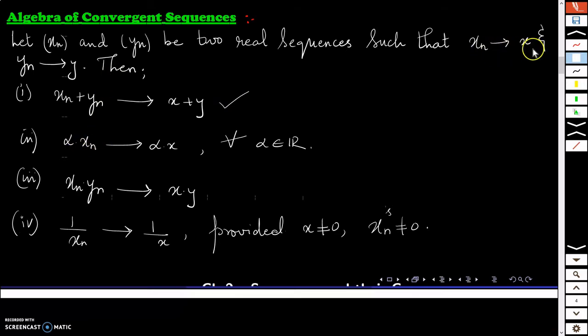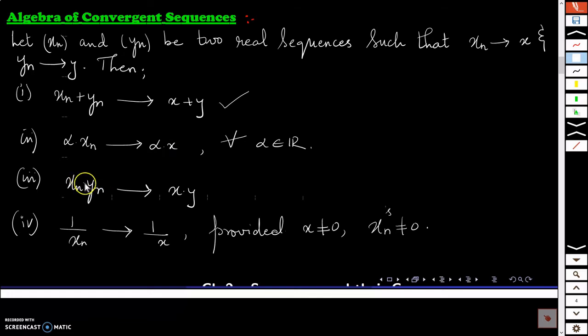If xn is converging to x, then if you multiply alpha to this sequence xn, this alpha xn sequence will converge to alpha times x. So that same constant that you are multiplying to the sequence will be multiplied to the limit of xn, and this alpha x will be the limit of the sequence alpha xn. Right? For any real number alpha it will work. Positive, negative, 0, any real number you pick up, this is going to work.